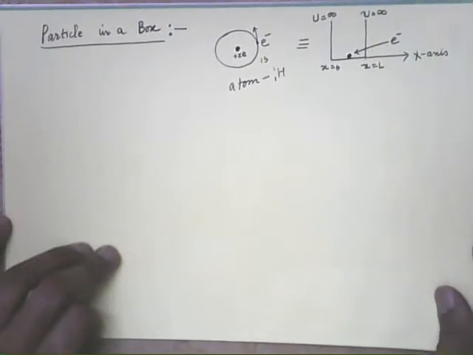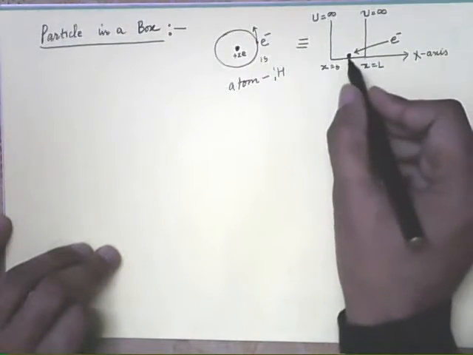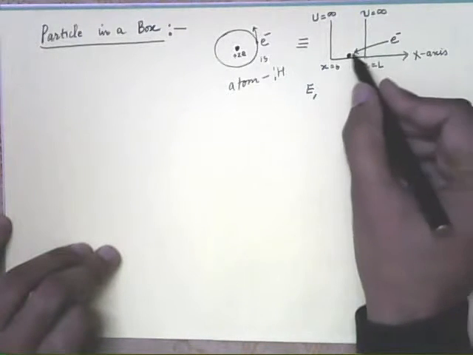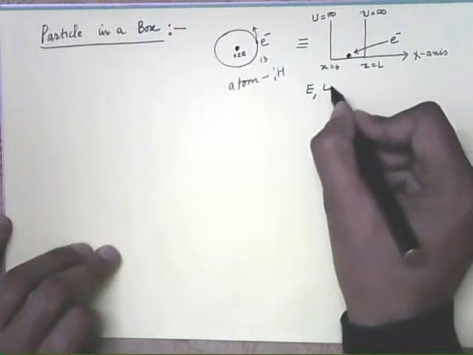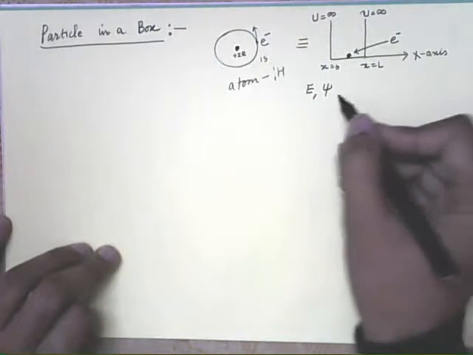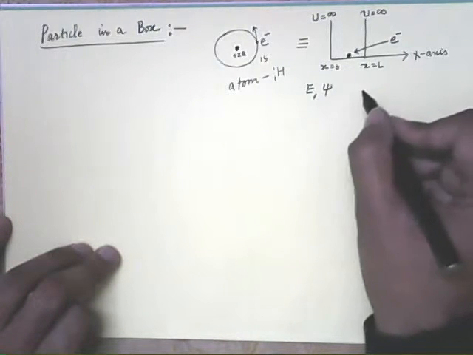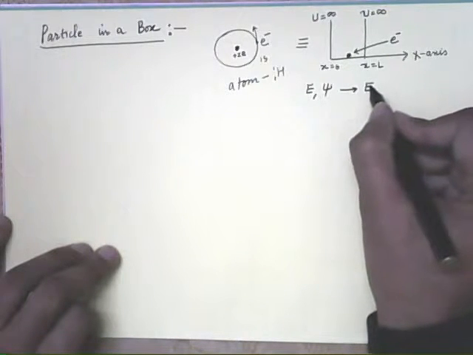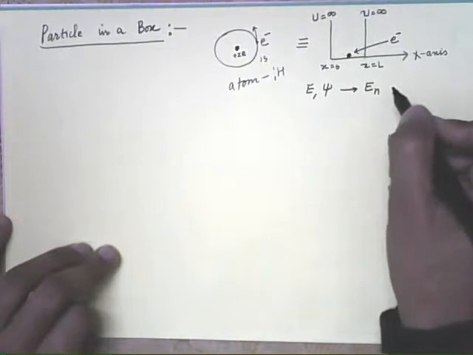Now what we have to do is find the energy of this particle and the wave function, E and psi, and extend this concept for any state.